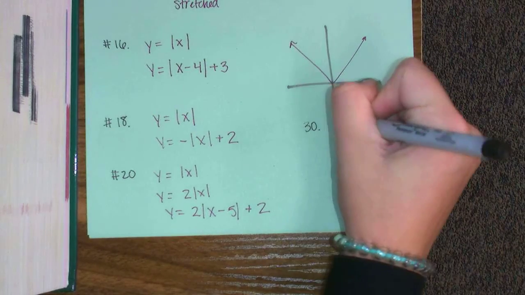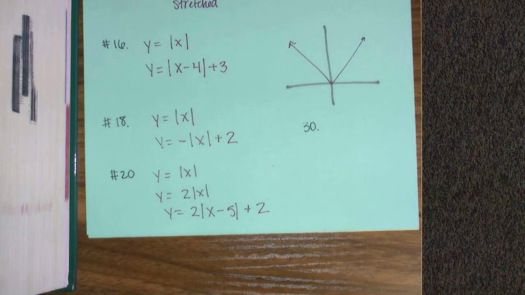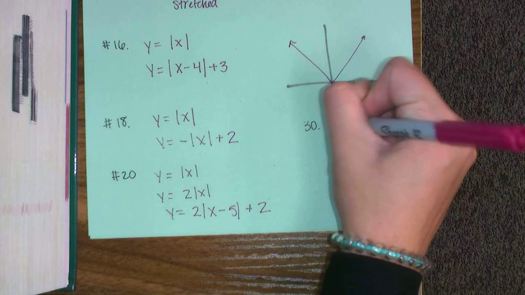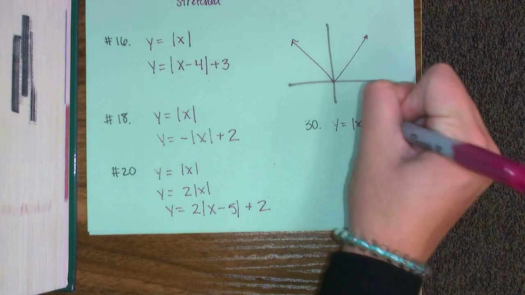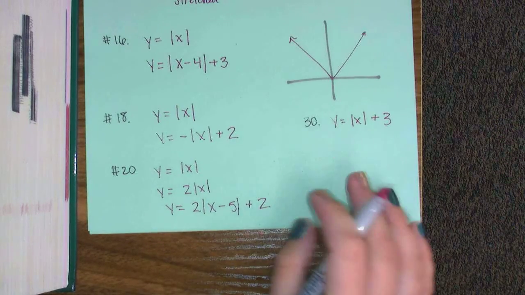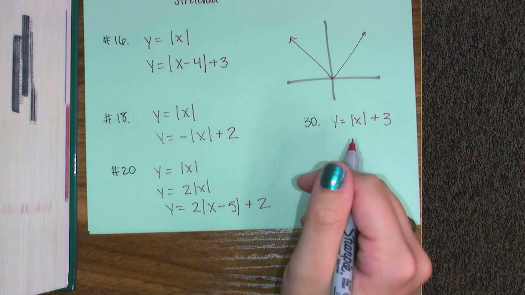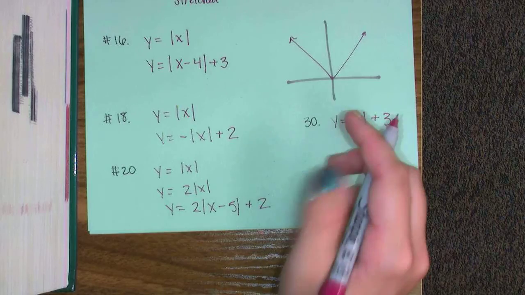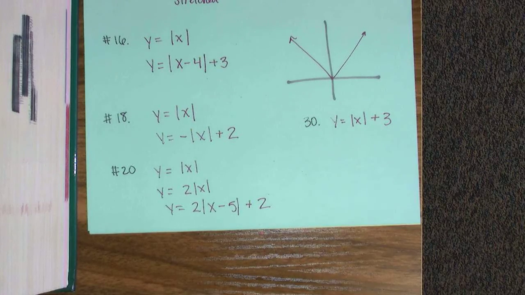The slope is 1. Yeah, y equals the absolute value of x plus 3 is what should have been written for that one. Because it went up 3, so that number should be outside.